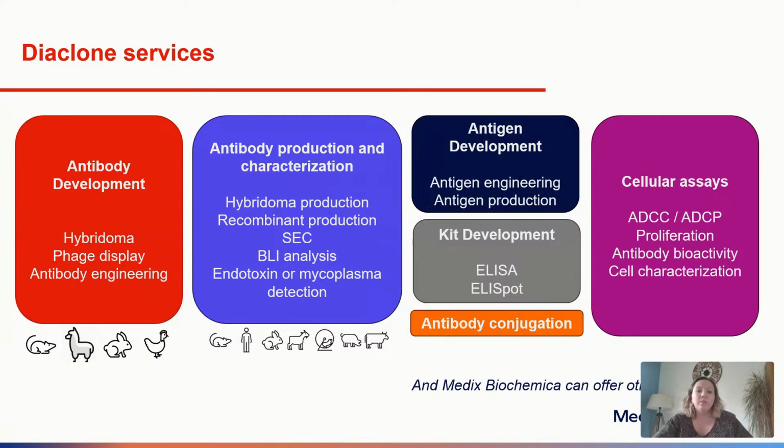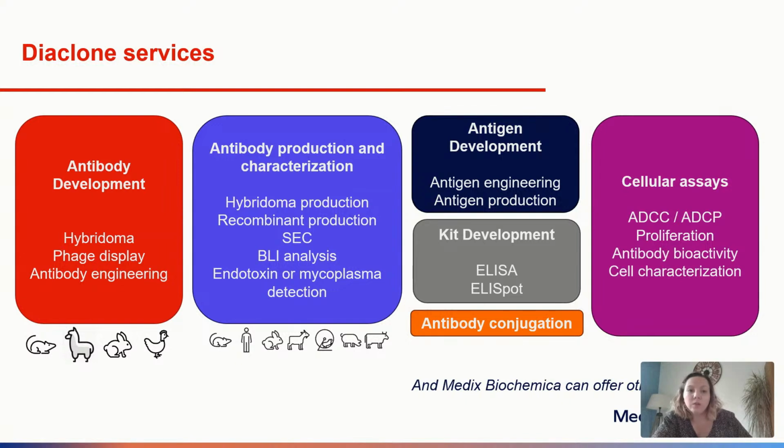And finally, another range of Diaclone services is the cellular assay. For this part, antibodies can be our tools or samples to be characterized. We propose to set up tests to identify possible bioactivity of an antibody or antigen.